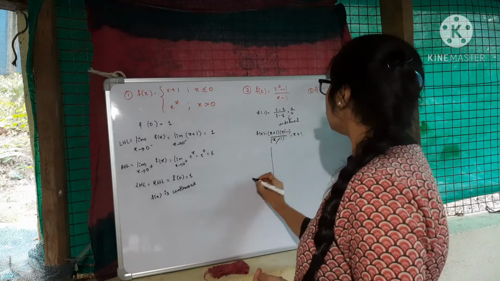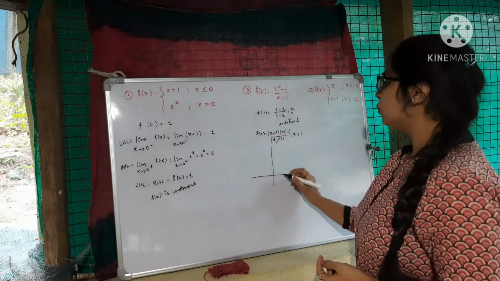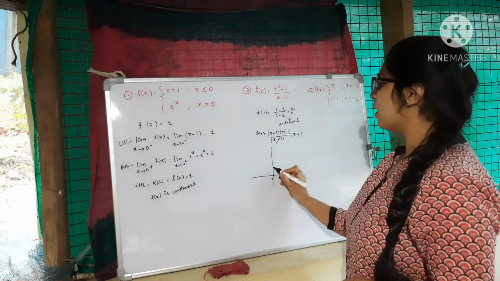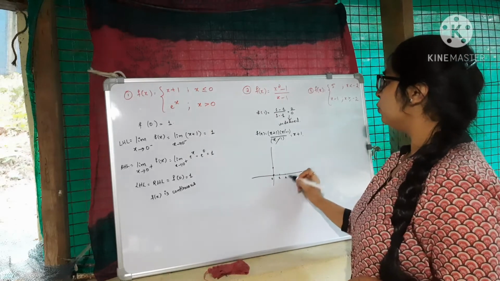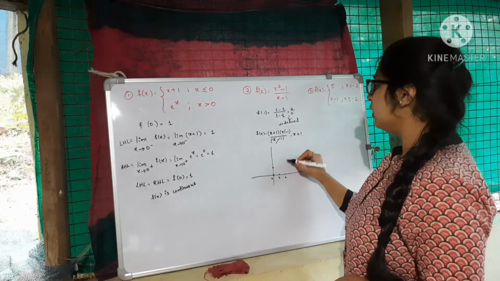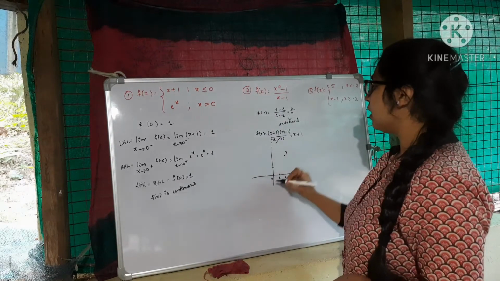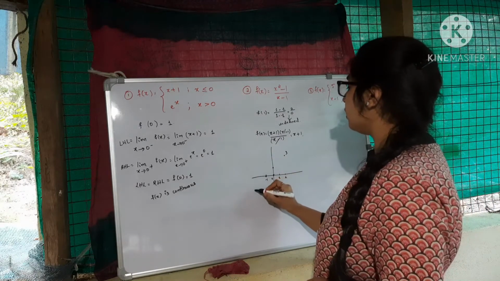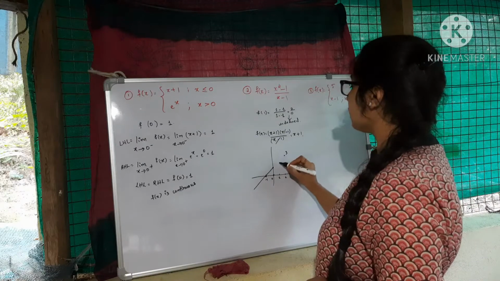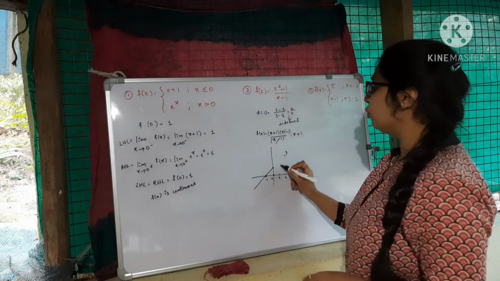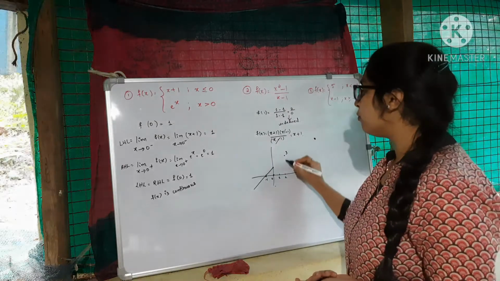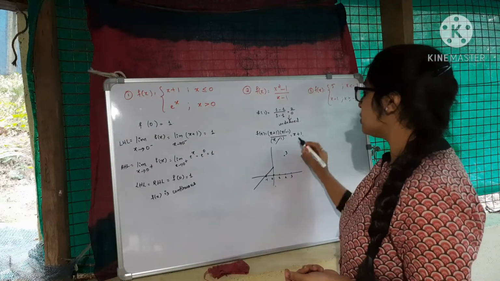At x is equal to 1, it is undefined. But at x is equal to 0, you have 1. At x is equal to 2, you have 3. At x is equal to minus 1, you have 0. But at x is equal to 1, it is not defined. So this will obviously be a discontinuous function, right?